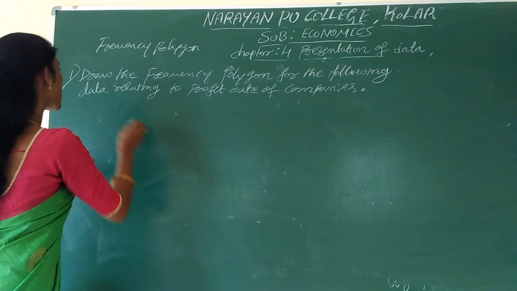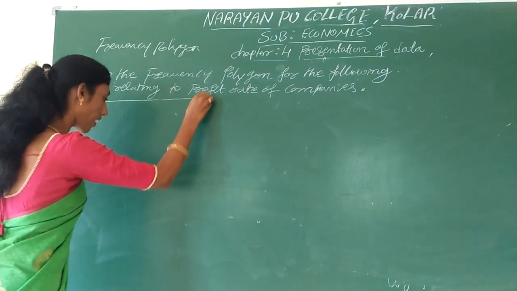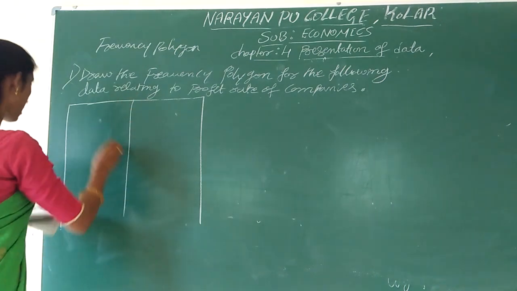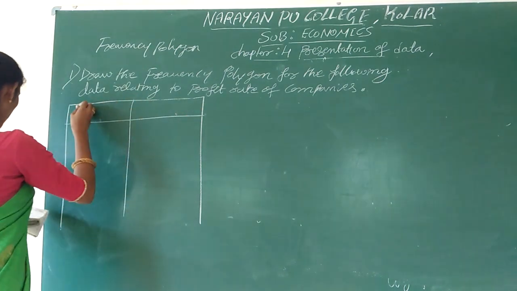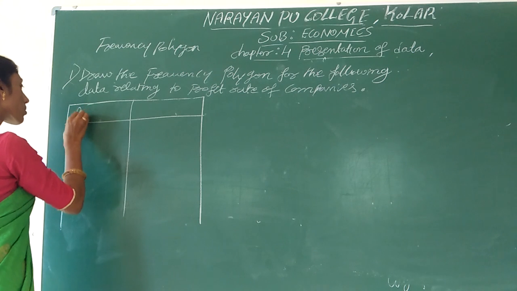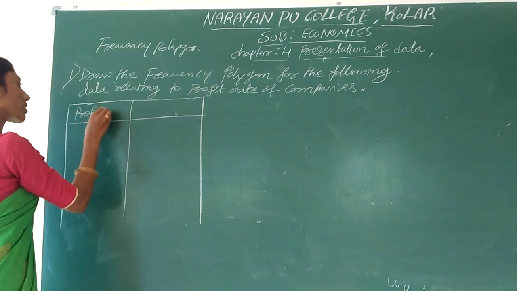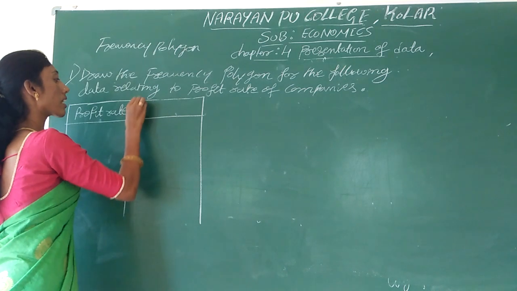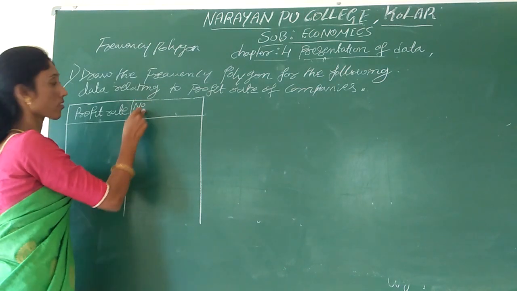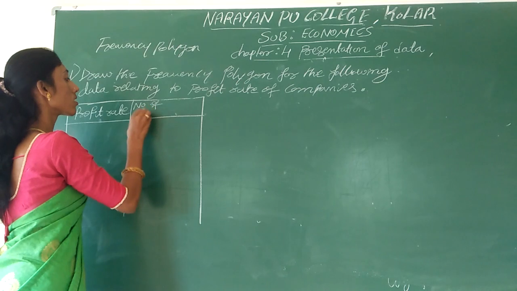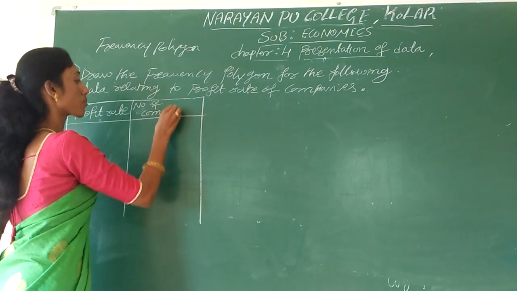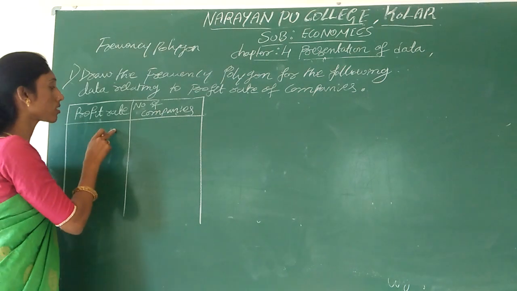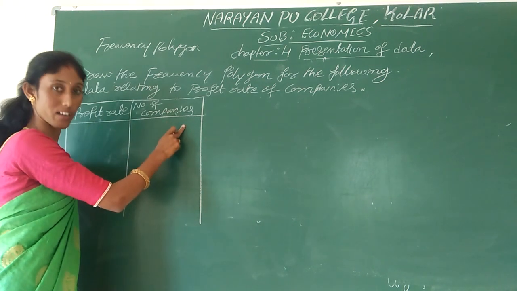Okay, here take down the data. They have given it like this. Firstly, profit rate, and here NO means number of companies. Here they give the margin rate of profit, and within the profit how many companies are earning.